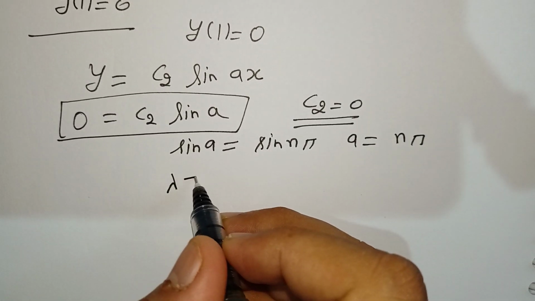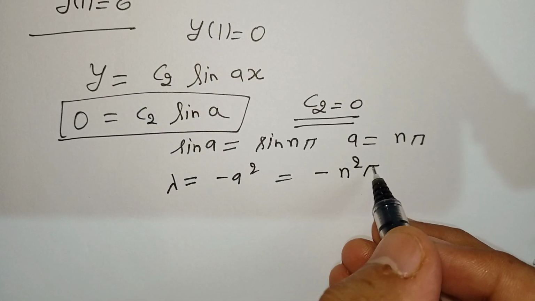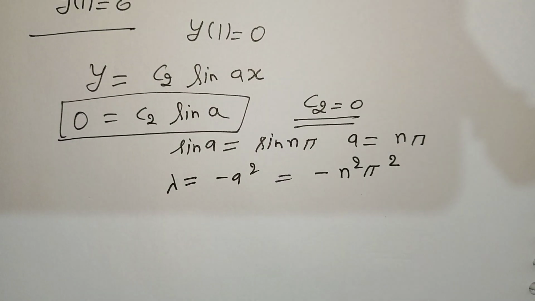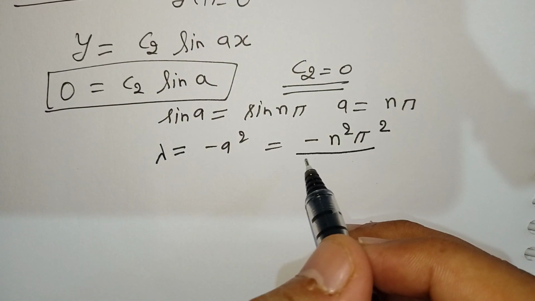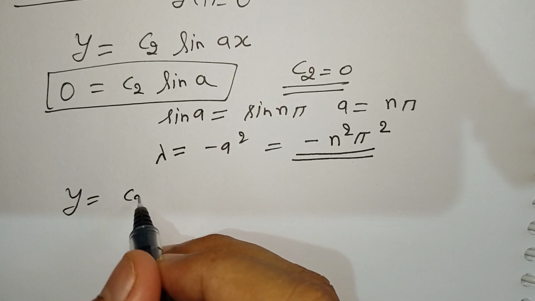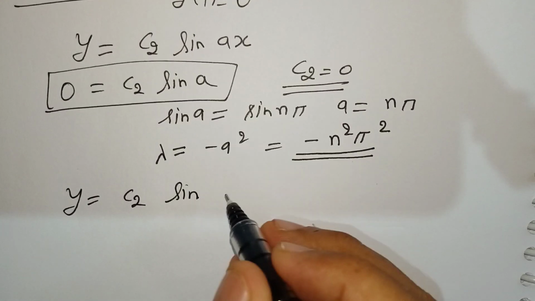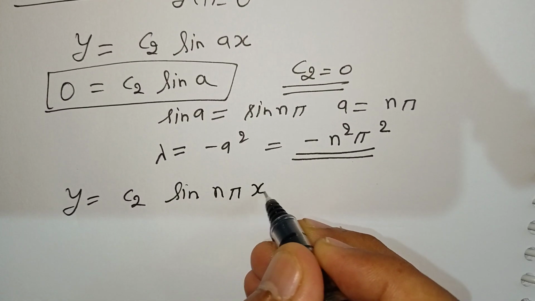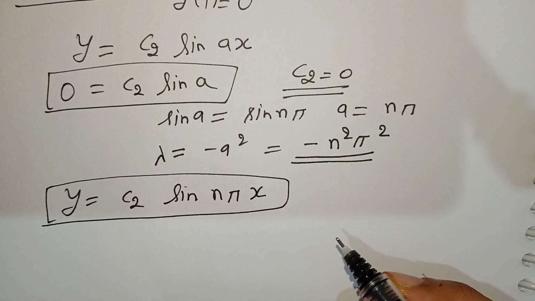So lambda equal to minus a square, so minus n square pi square. Fine. Lambda equal to this is called the eigenvalue of the SLP problem, and the solution is y equal to c2 sin n pi x.